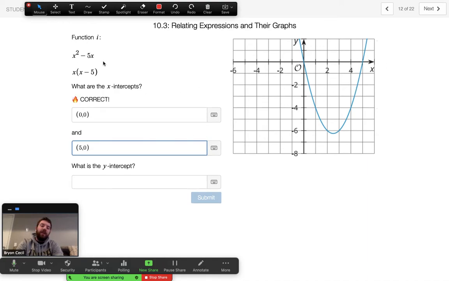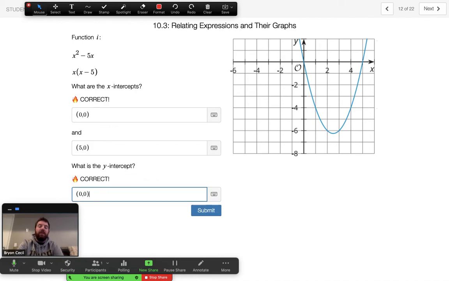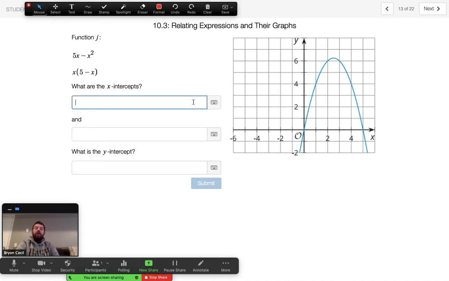Now, notice I don't have a c. My c is gone in standard form. Well, it's gone because what number do we not show in a formula? 0. Where do I cross the y-axis? 0. So (0, 0) is also my y-intercept. Okay. Hey, the graph looks a little different, but what do we notice?